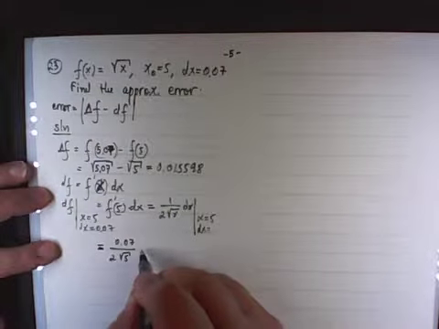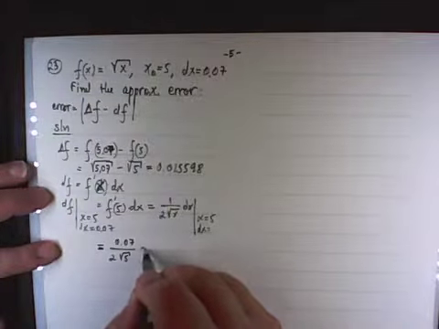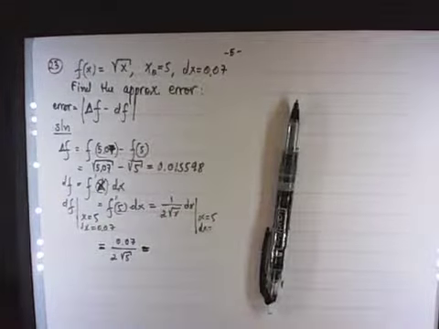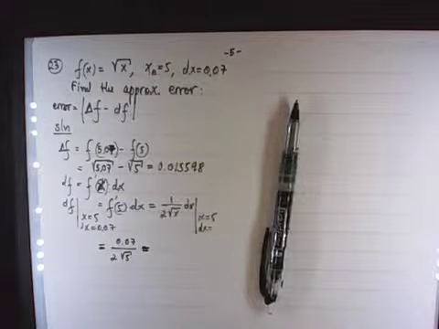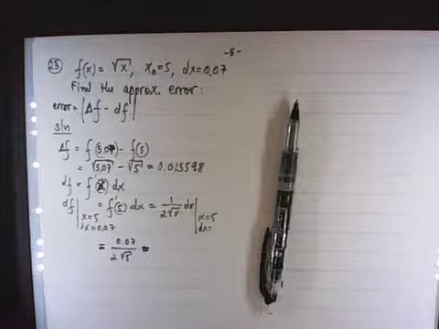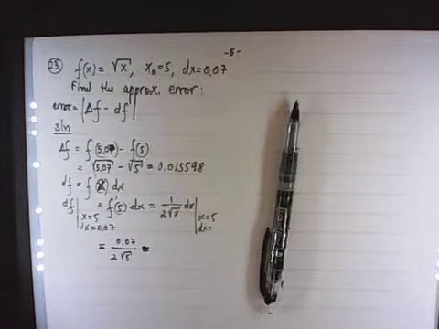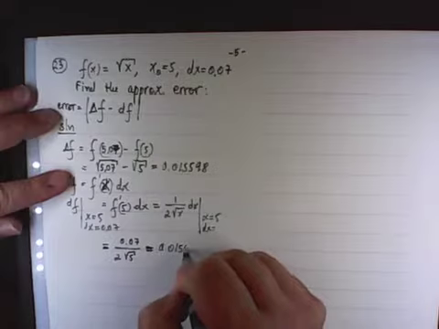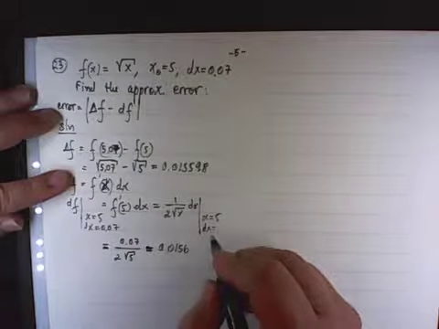Now we need to calculate that to 6 decimals, and I have 0.015652.